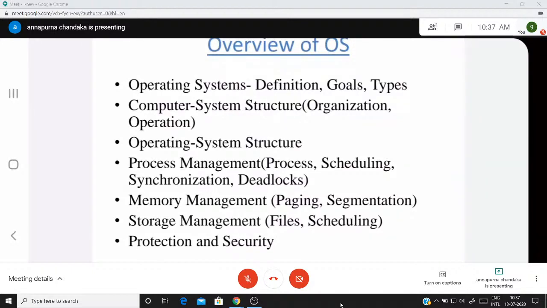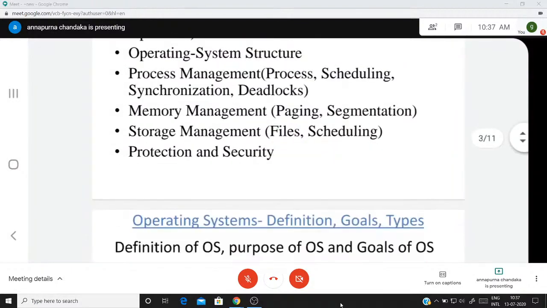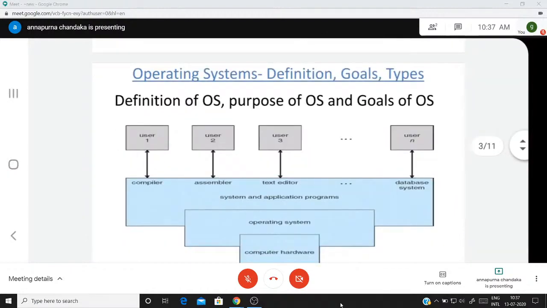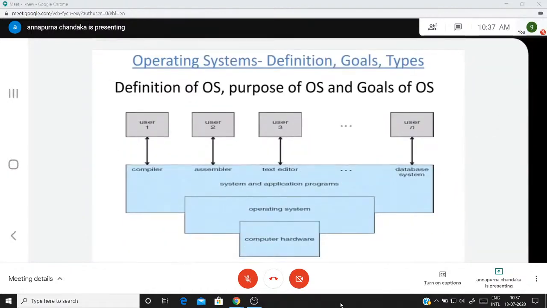Okay, now we are moving into the first topic of discussion: operating system, definition, roles, and charge. Before going into the detailed discussion about what an operating system is, first of all, let us define what a computer is. A computer is simply defined as an electromechanical device which has the capability of taking information from the user in the form of human-like language, processing that information, and giving the output also in the form of human-like language.